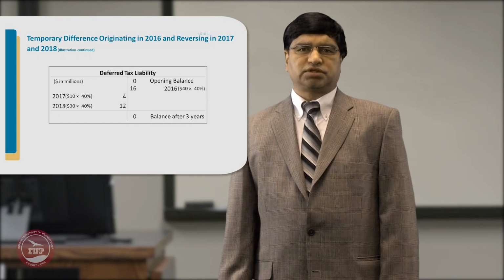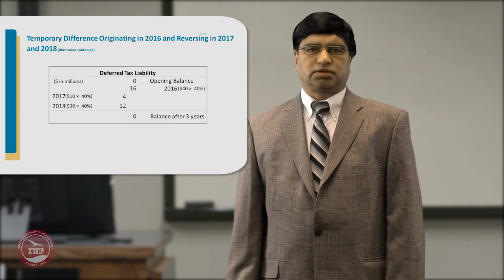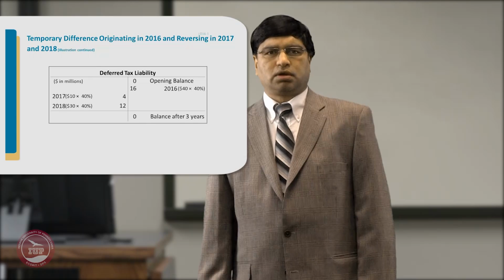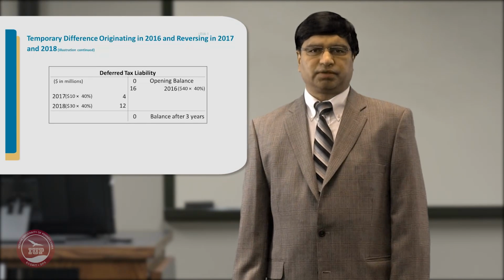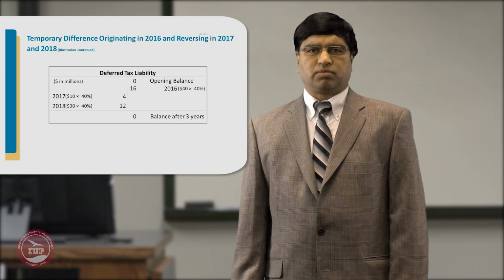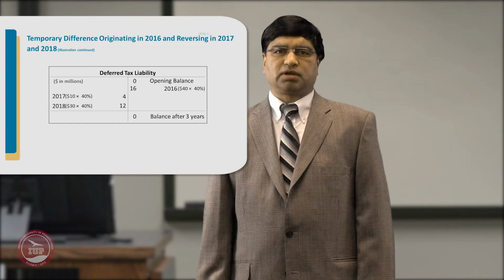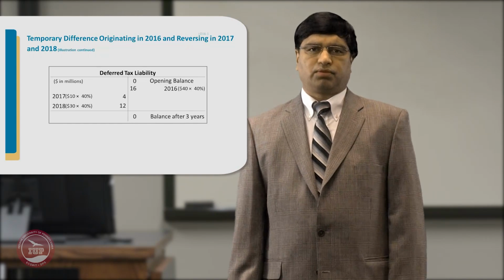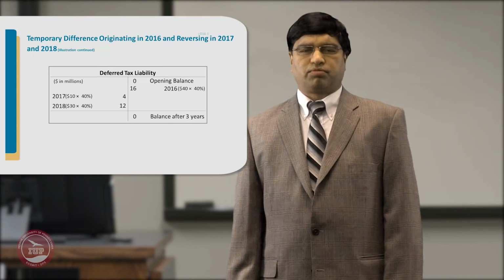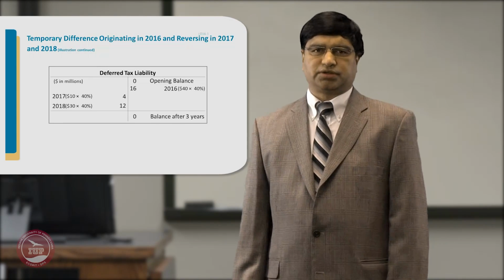So coming to 2017, the deferred tax liability is reduced by $4 million on that $10 million of deferred income, and your income tax payable becomes $44 million: $40 million on $100 million of income plus $4 million on the $10 million worth of income. So your balancing number, income tax expense, is $40 million.